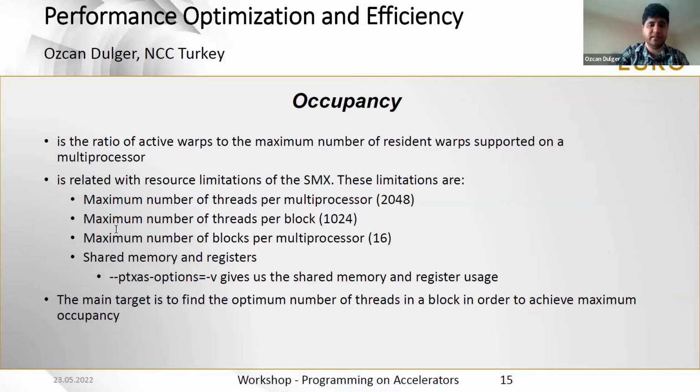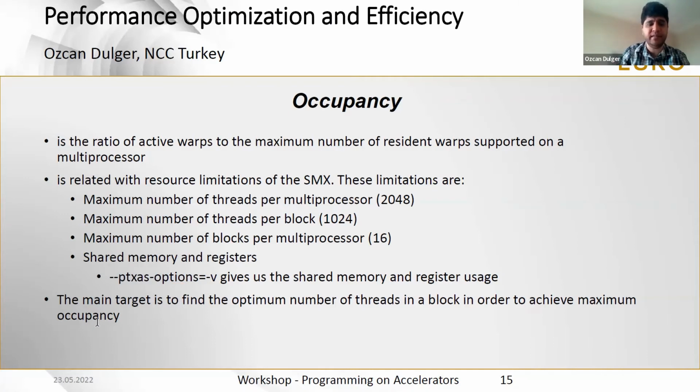So that means 16 blocks can be active in a multiprocessor. And the fourth one is about the shared memory and the registers. We can check the use of shared memory and registers by using this flag while compiling your application.